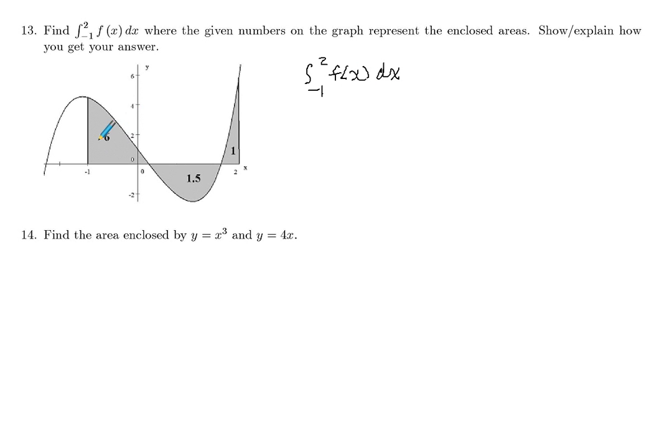So the integral counts this 6 as positive, the 1.5 is negative, and the 1 is positive. So this is just going to be 6 minus 1.5 plus 1. So that's 6 and 1 is 7, minus 1.5 is going to be 5.5. And that's all there is to that.